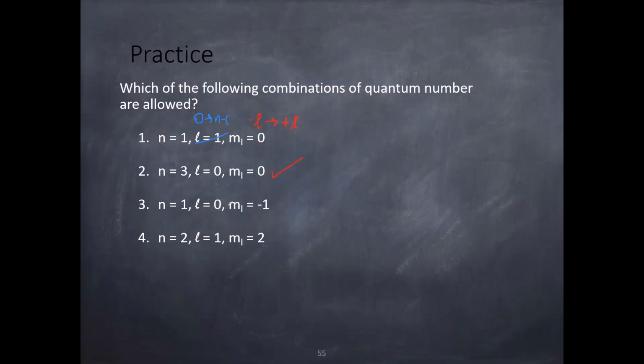The third one still has L equal to 0, so the magnetic quantum number would have to be 0. That's not acceptable. That won't work. And then the same thing with the fourth one. If L is 1, m sub L has to be either negative 1, positive 1, or 0. Can't be 2. So with these four combinations of quantum numbers, the only one that'll actually be acceptable is just that second one.